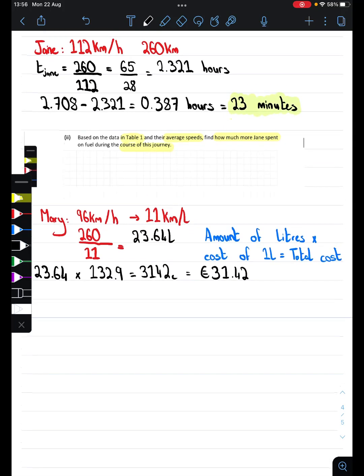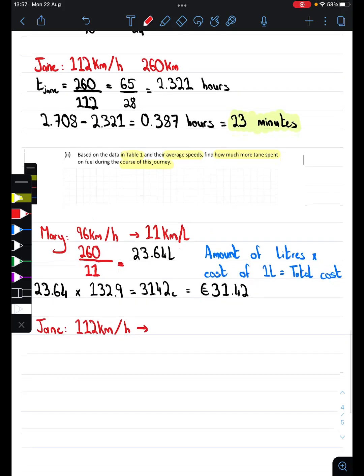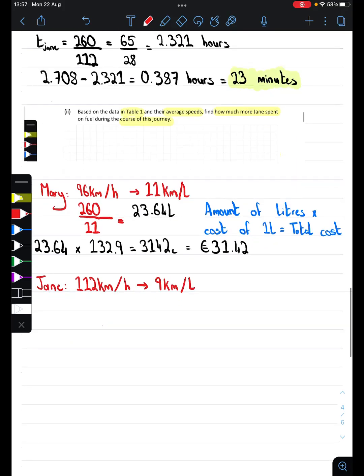So let's see what Jane spent. So Jane was traveling at 112 kilometers per hour. And so this is a fuel consumption per liter of 9 kilometers per liter. So the amount of liters she used was 260, the distance, over the fuel consumption, 9, is equal to 28.89 liters.